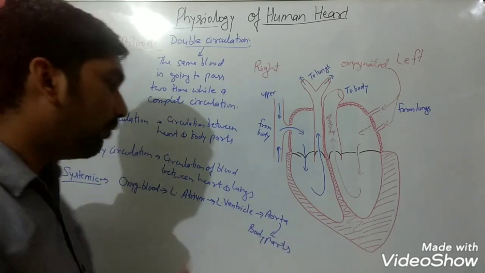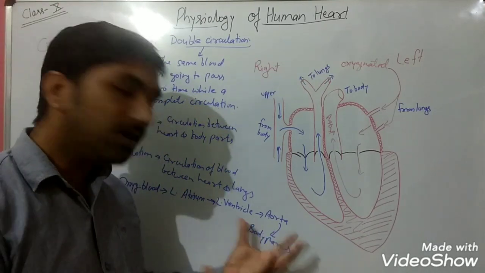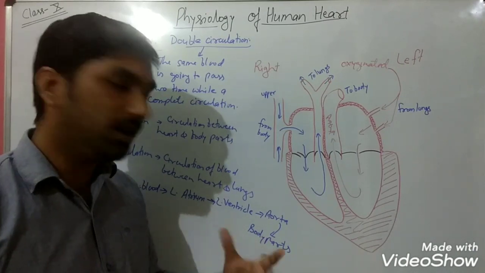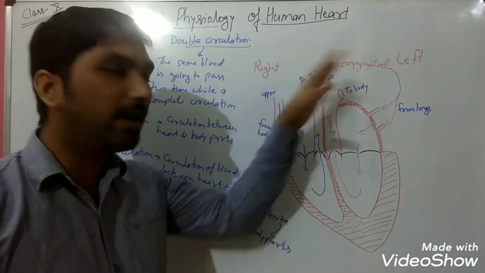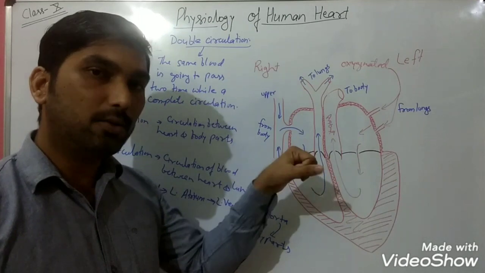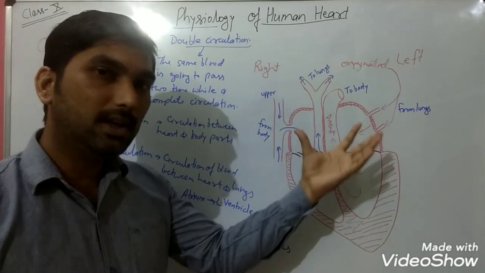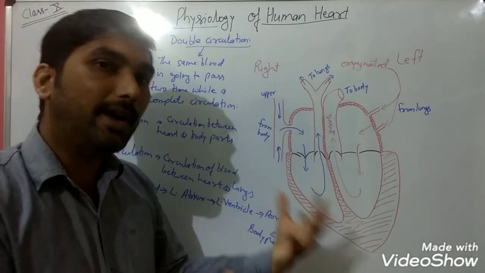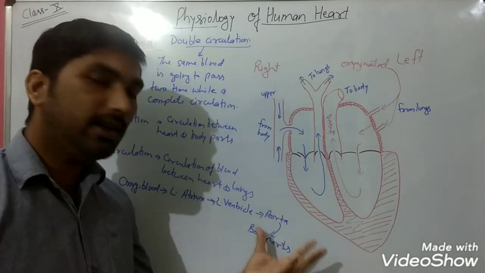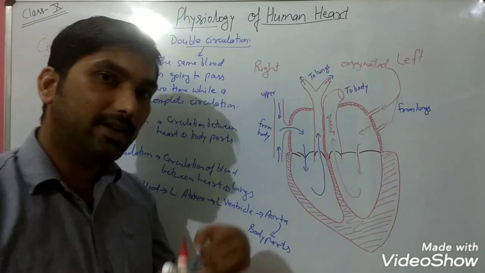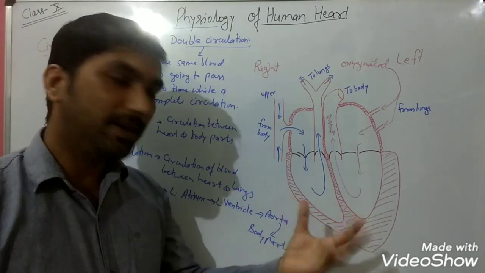In the body parts, the oxygen will be absorbed from the capillaries. Aorta will further divide into arteries. Arteries further divide into arterioles, and arterioles are further divided into capillaries. So capillaries are the sites for the absorption and release of nutrients and waste substances.